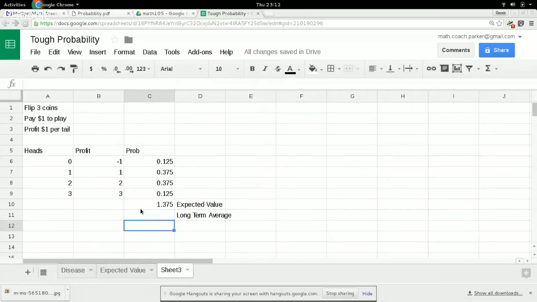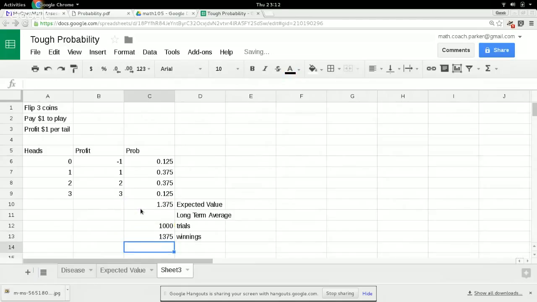So after 1,000 trials, my average winnings are 1.375 per trial. So my total winnings should be equal to the total number of trials times the average value per trial.